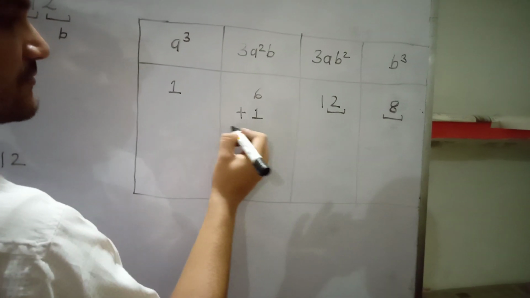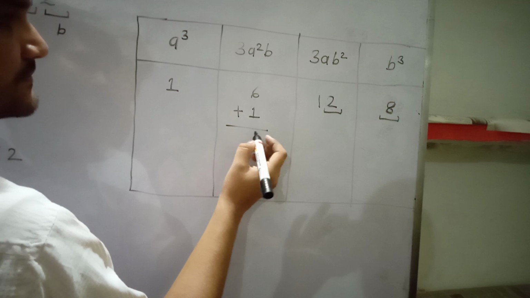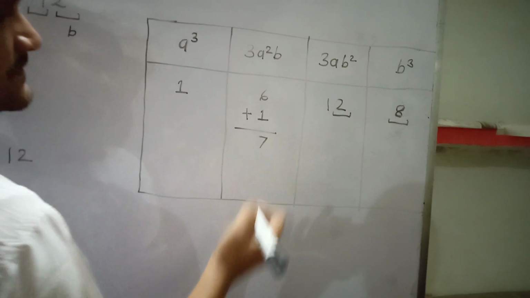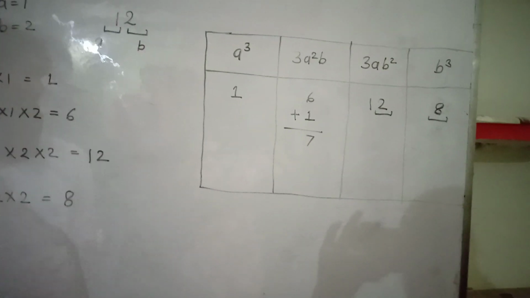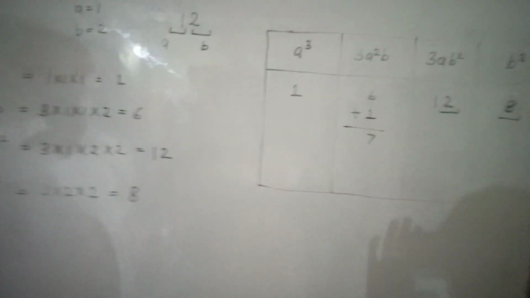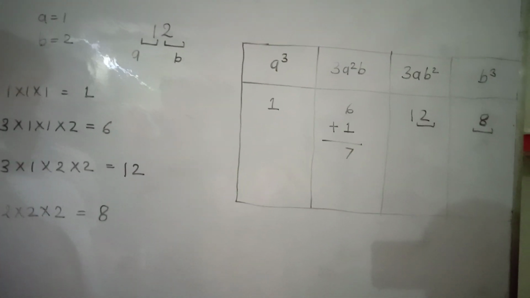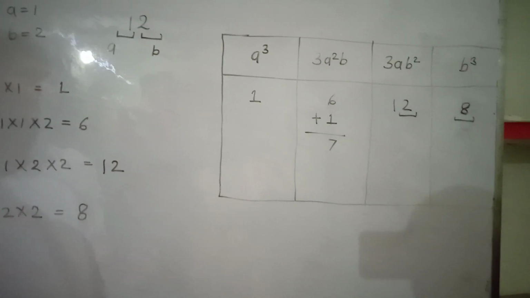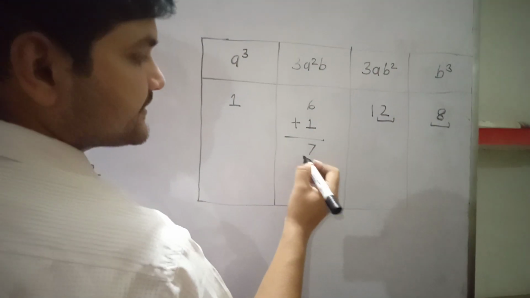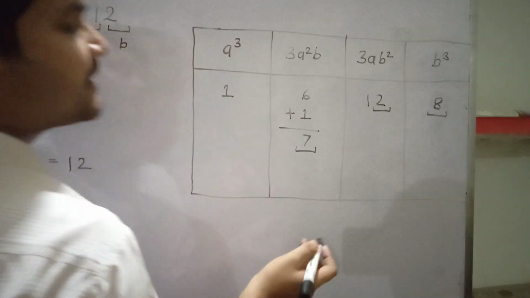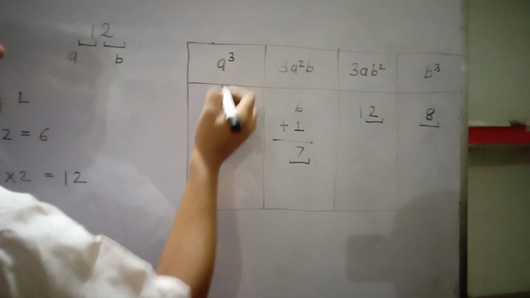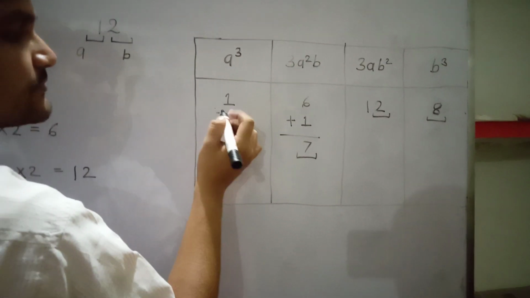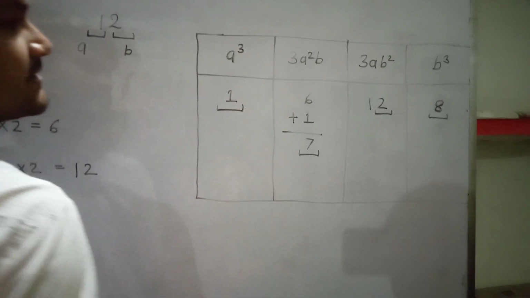The carry is 1. This will be 7. And here we only have one digit, so we will underline that. After then in fourth column we will also have the one digit, so we will underline that.